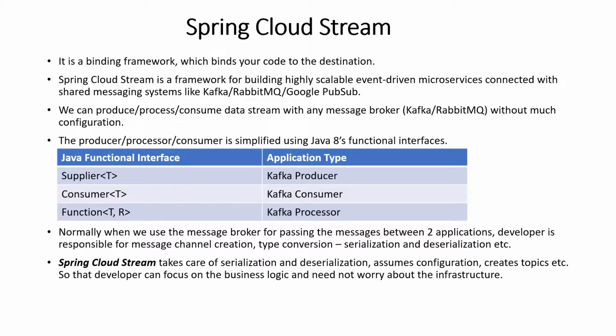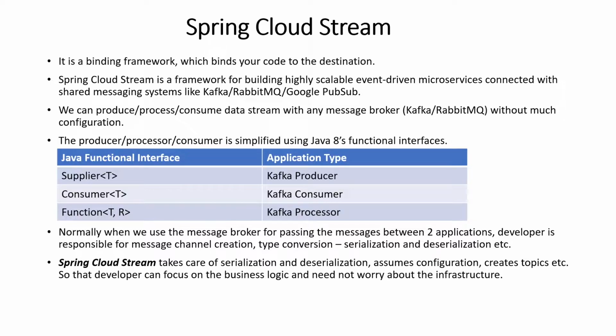So let's move ahead. We can produce, process, and consume data streams with any message broker, be it Kafka or RabbitMQ, without much configuration. This is a very important point, because as a developer we should just care about writing the business logic, our business code, and not what our destination or message broker is.